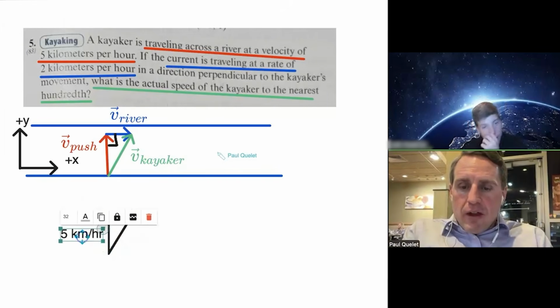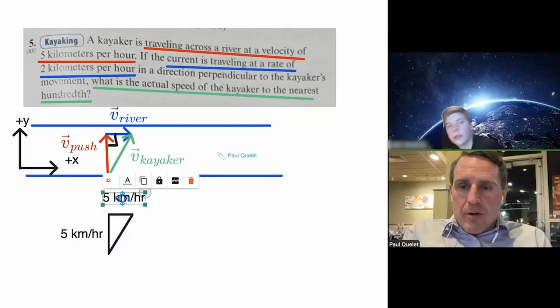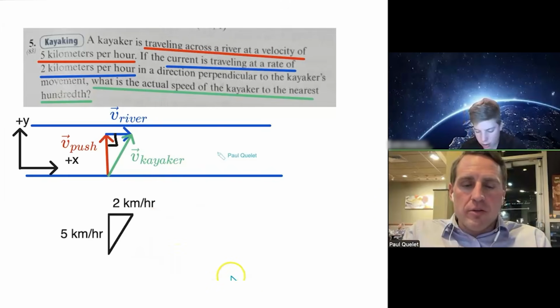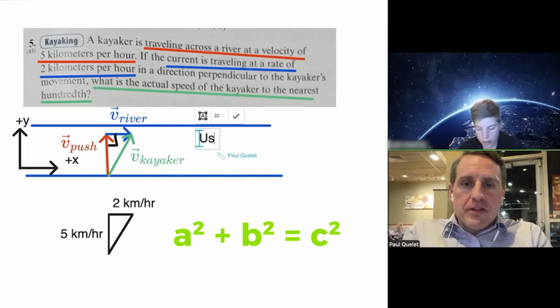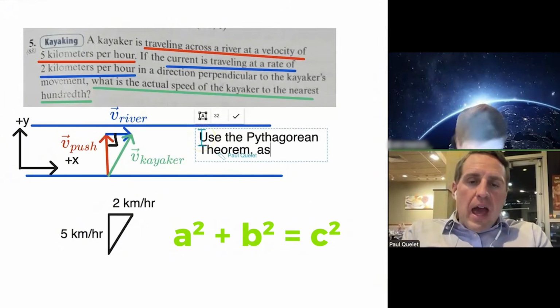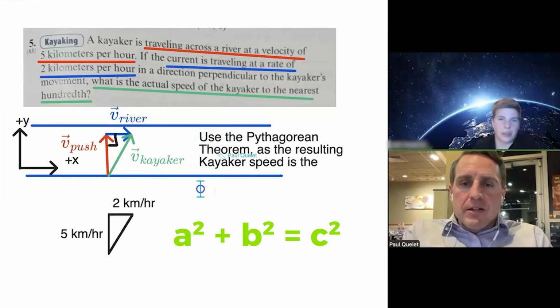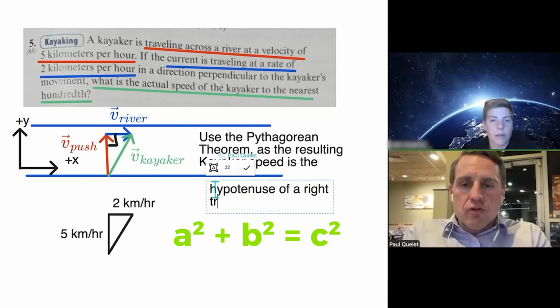The river is 2 kilometers per hour? Yeah. So you're right, we need to find the hypotenuse. So which theorem are we going to use? Pythagorean. Yes, so let's write this down. Use the Pythagorean Theorem as the resulting kayaker speed is the hypotenuse of a right triangle.